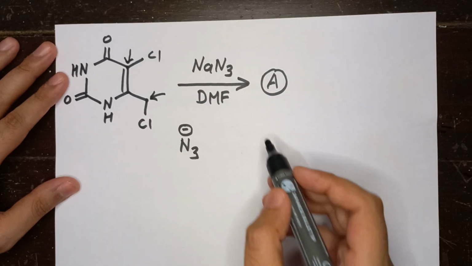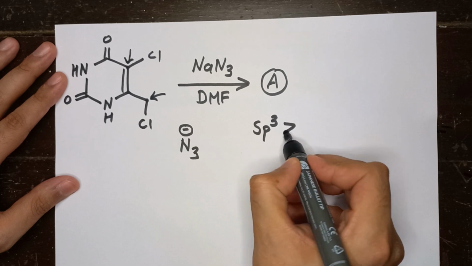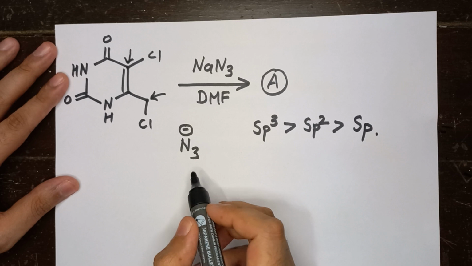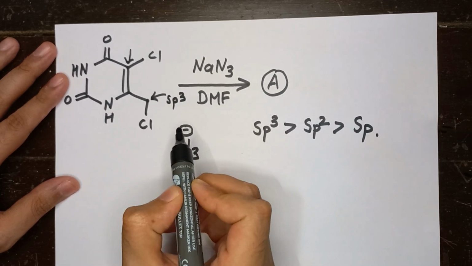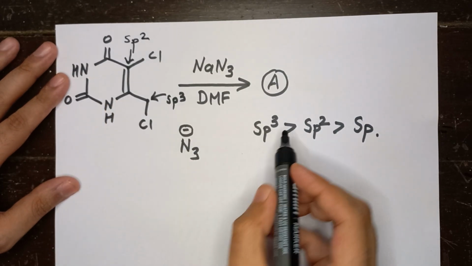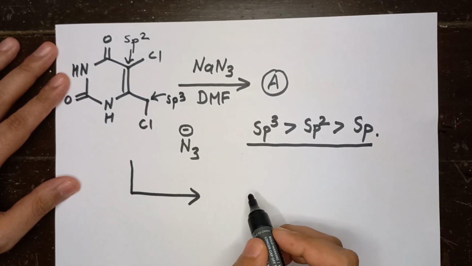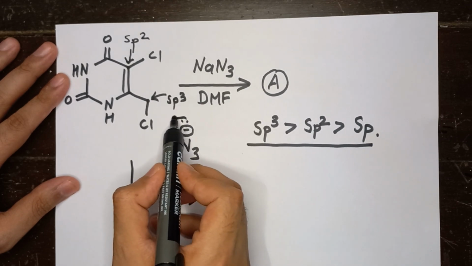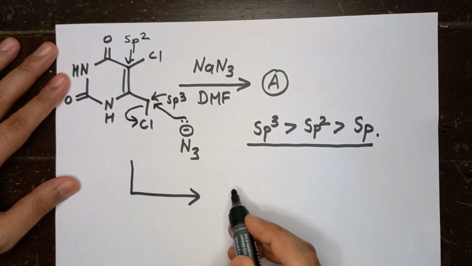So let me tell you that substitution is easy at sp3 carbon followed by sp2 and then sp carbon. This carbon right here is a sp3 carbon and this carbon right here is a sp2 carbon. If you know this, you will be able to draw the product, that this N3 minus will attack at this sp3 carbon and will displace this chloride ion.